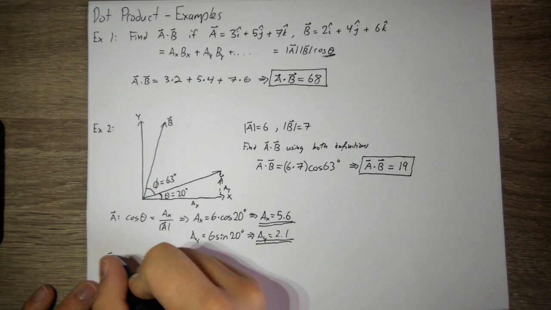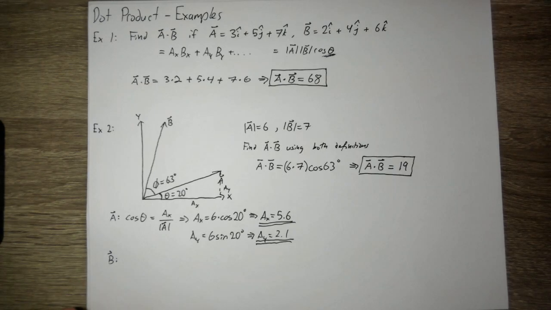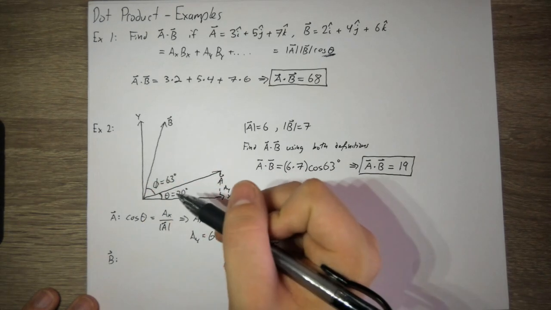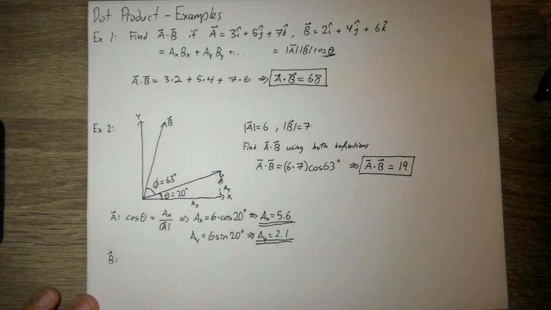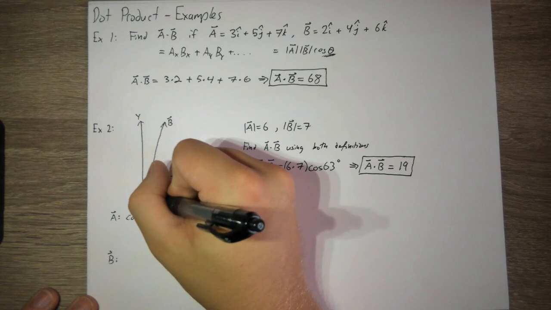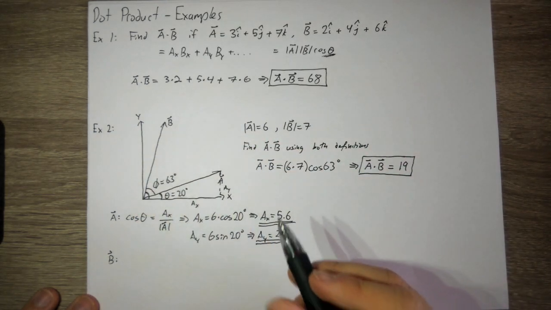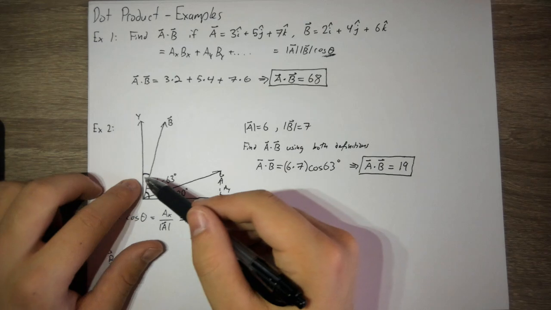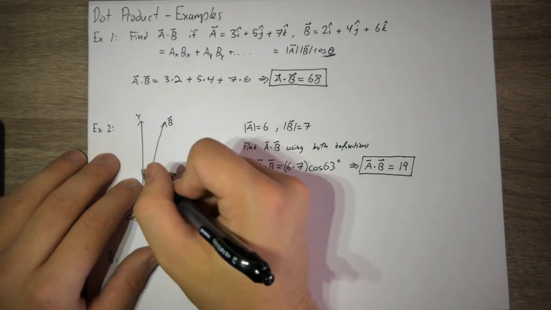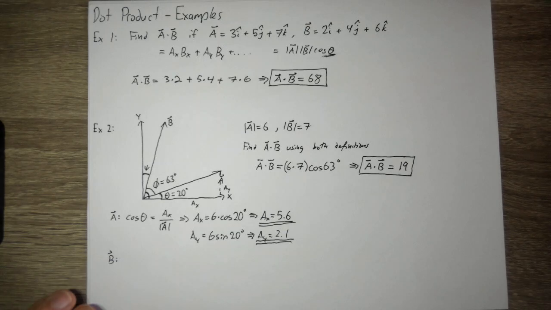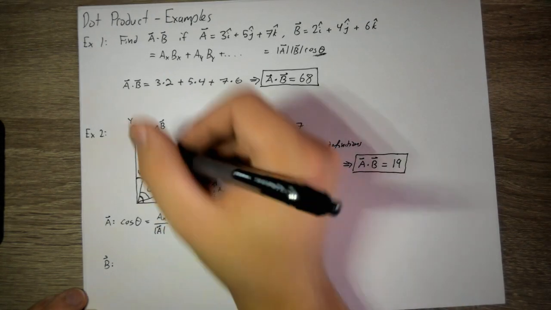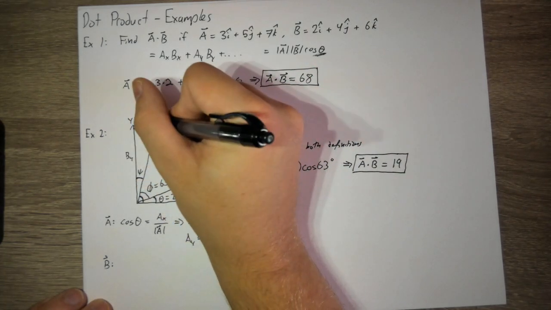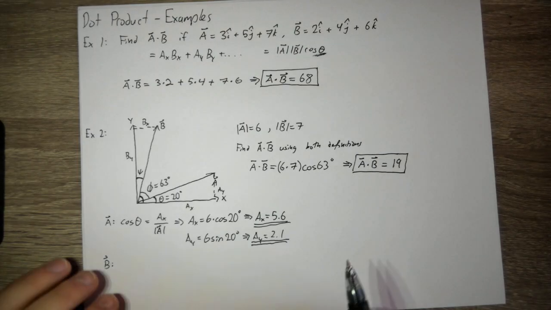Now let's do B. There are two angles you could use. You can find this angle, or else we can use this angle. I'm going to use the smaller angle here, and we're going to use this right triangle, where this is BY and BX.